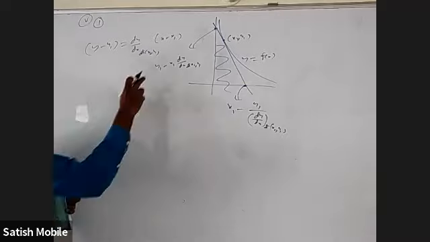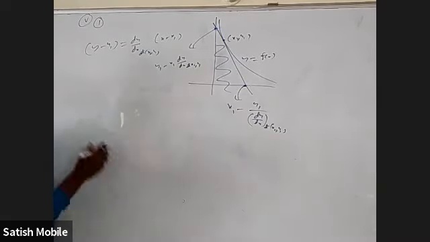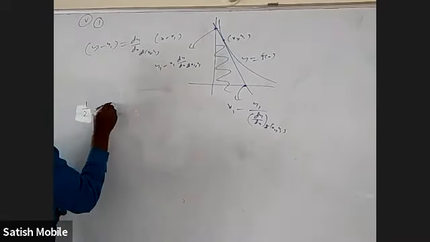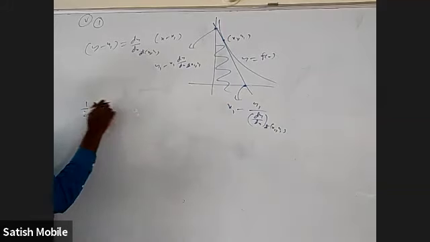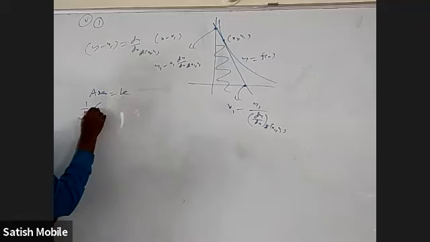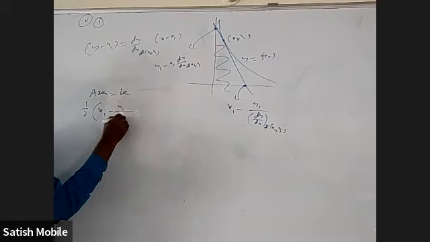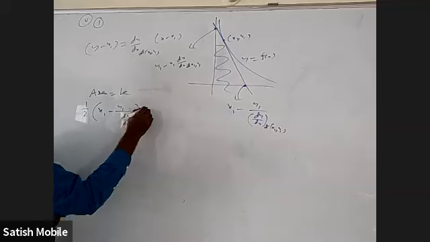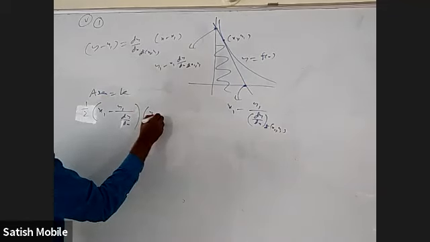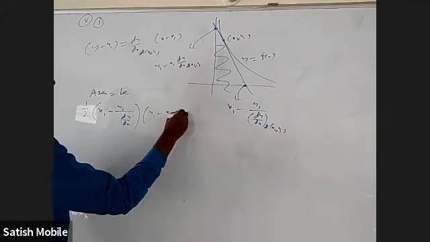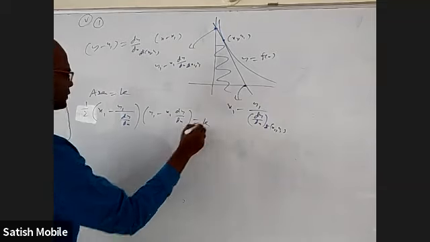If you want the area to be constant, half into this base, this height. So half into x-intercept into y-intercept is the area equal to some k, let us say. Half into x1 minus y1 by dy by dx into y1 minus x1 dy by dx is equal to some k.